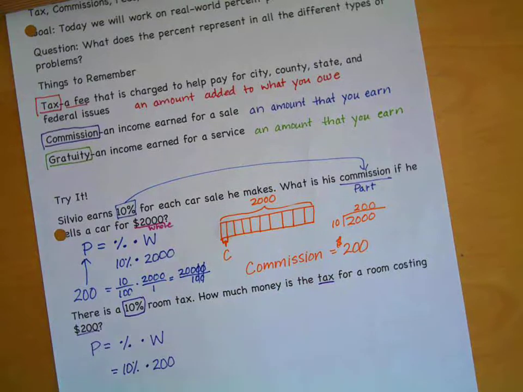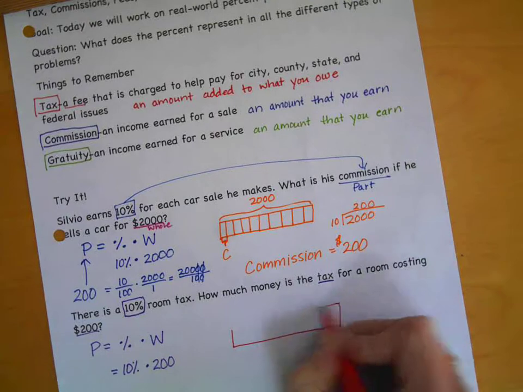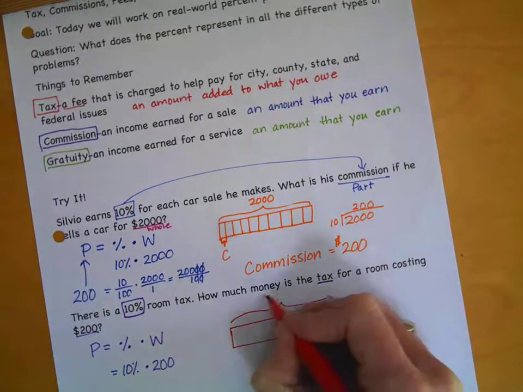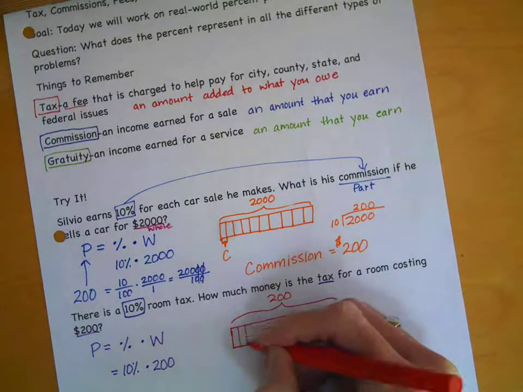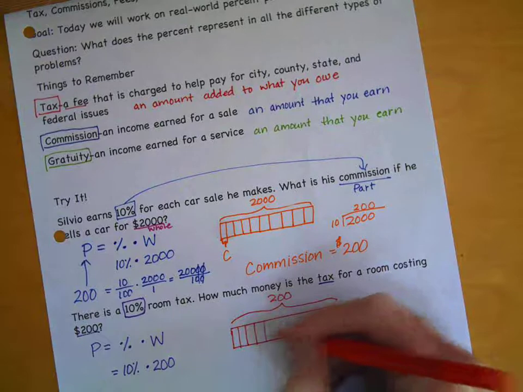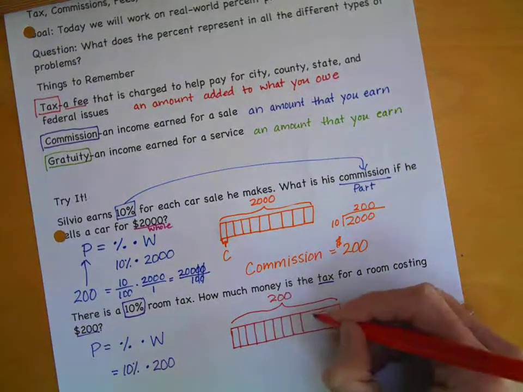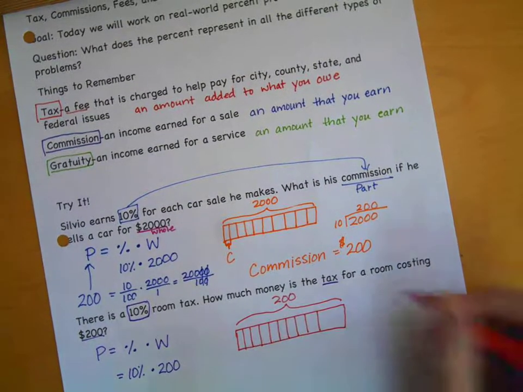So again, because I love it and it makes it so much easier, I'm going to use the tape again, and this time my whole is 200, not 2,000, so this would be 200, and then I need to go 1, 2, 3, 4, 5, 6, 7, 8, 9, 10. I can never get them evenly spaced.